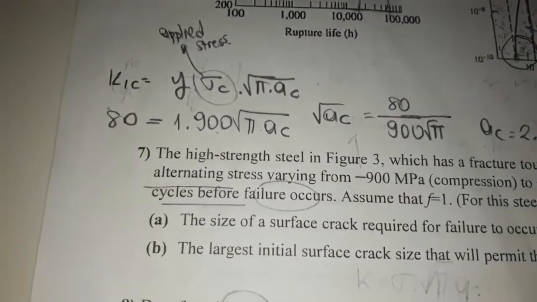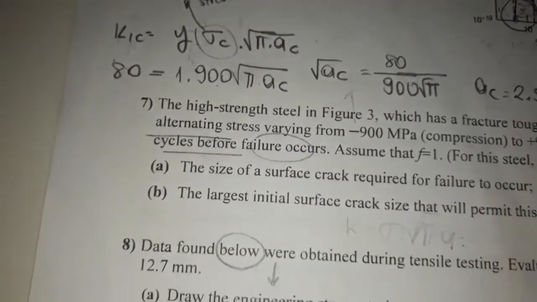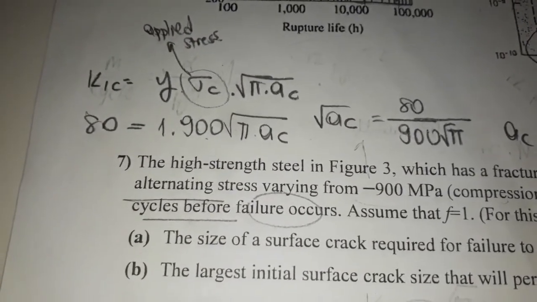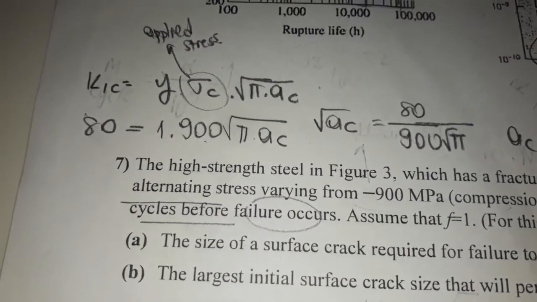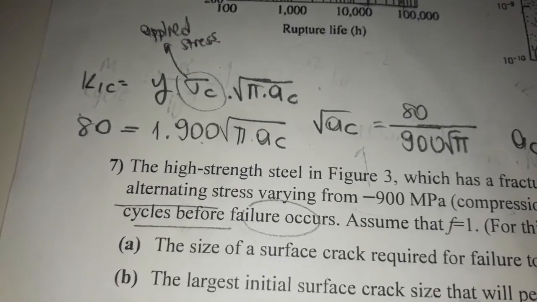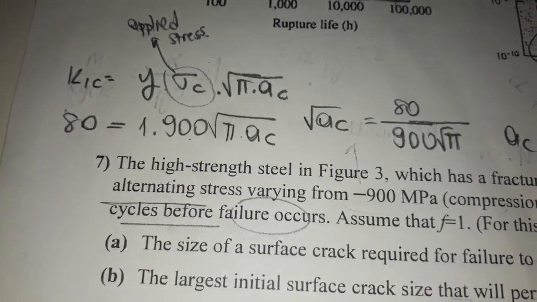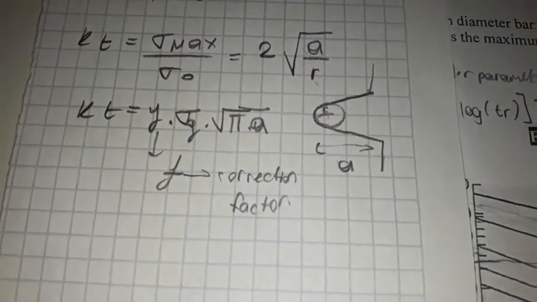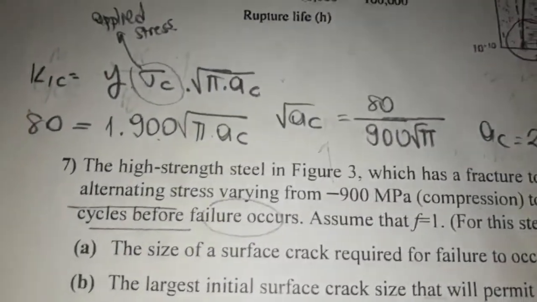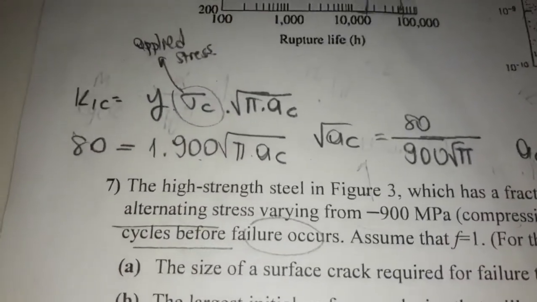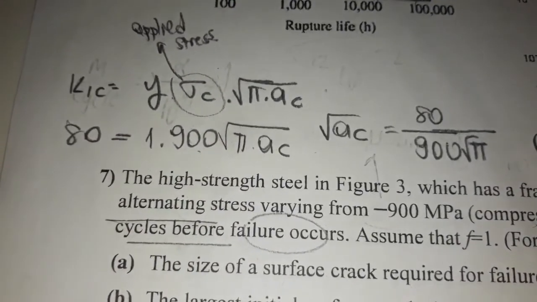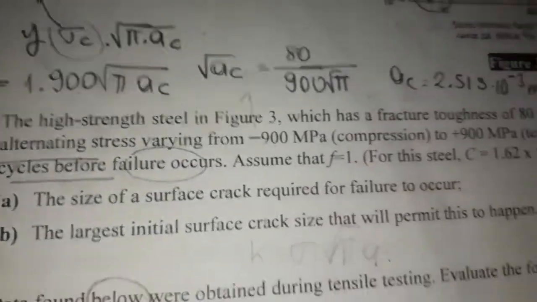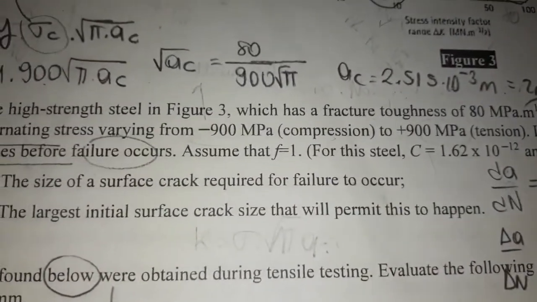I already made the solving. You use the equation that I talked about, and as I said, fracture toughness is just a specific value of the stress concentration factor. I talked about that here. So you find that the applied stress, or stress amplitude, is maximum minus minimum over 2.